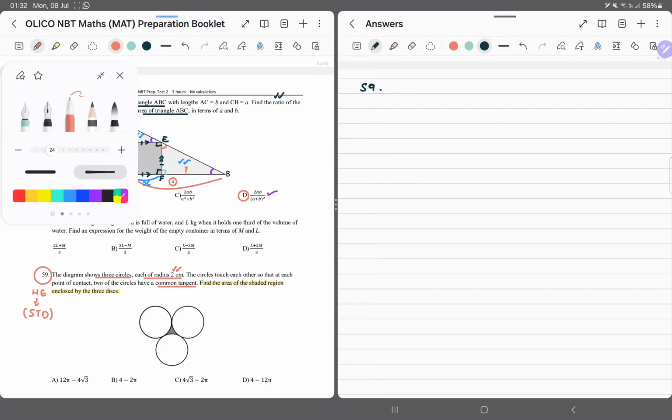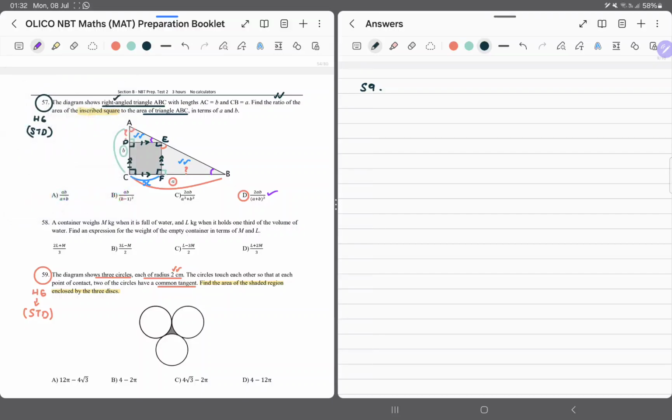So now we need to be as crafty as ever. So we know that we've got a circle centered also, circle centered also, circle centered also, and we know that this is 2 and it goes on to 2.